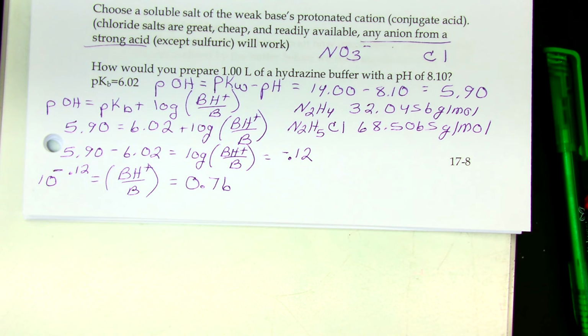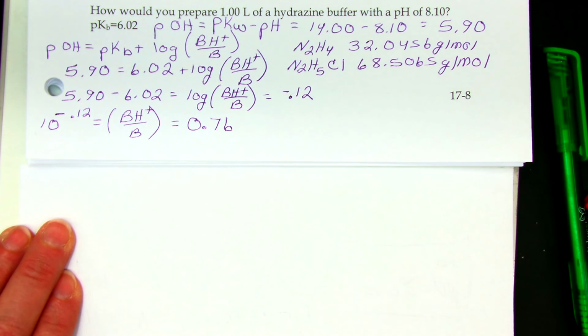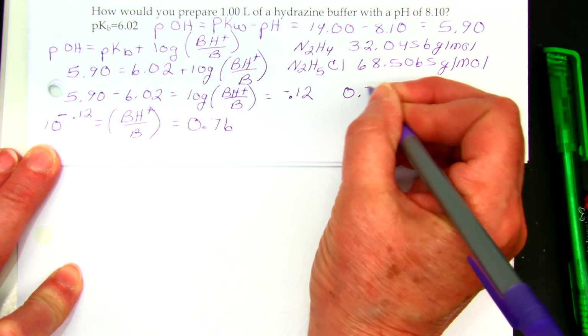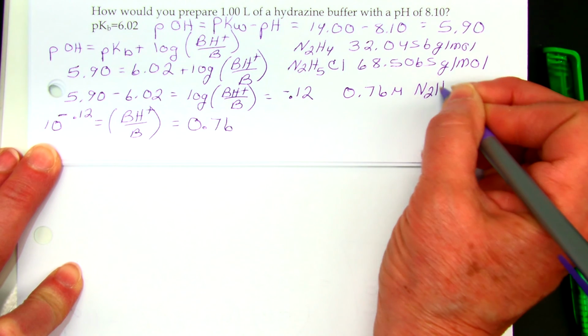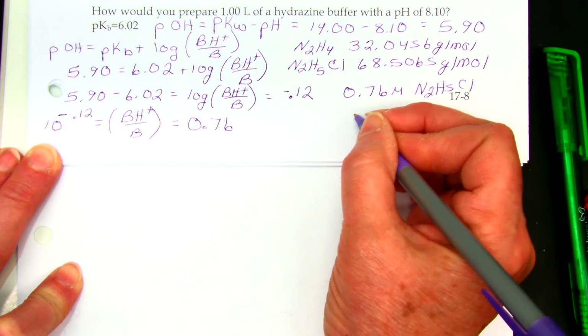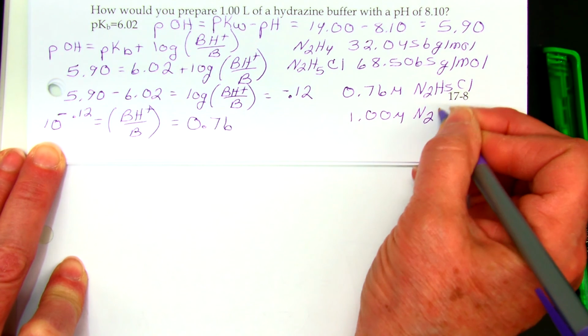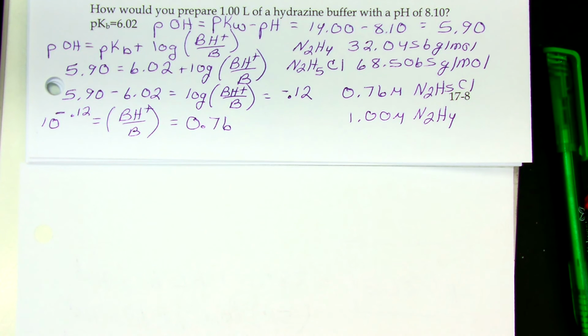So now I have to decide what concentrations I will use. For 0.76, just to make things easy, I chose 0.6 molar hydrazinium chloride, that's the salt, and I chose 1 molar hydrazine. Those are always a good choice, anything between 0 and 2.